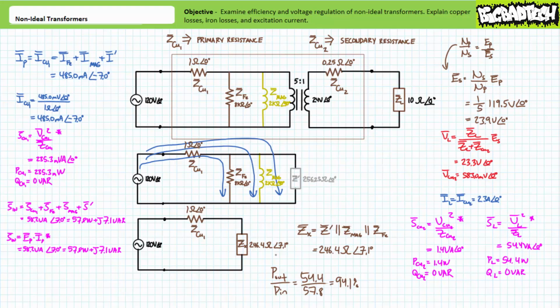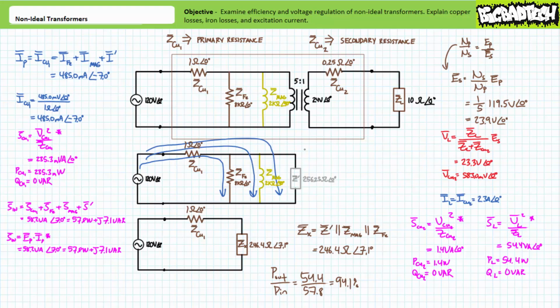Notably, this more sophisticated model of a non-ideal transformer accounted for an important property, that being the tendency of a transformer output voltage to fluctuate given different load requirements. In our ideal situation, we applied 120 volts and got 24 volts out.